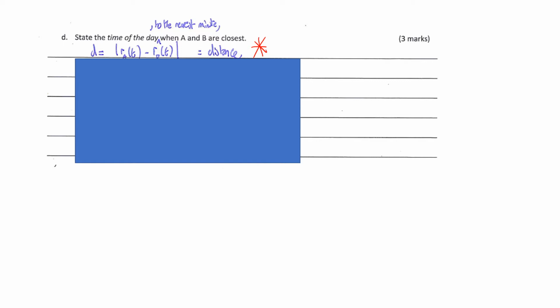It's just the magnitude of the position vector function of one minus the position vector function of the other that gives us the magnitude of the vector connecting the two objects at any time t. That's all about the distance. So once you've appreciated that, working out the time of day when they are closest becomes a simple matter. So we want to minimize distance. Find the value of t when our distance is at a minimum. And what's that all about?